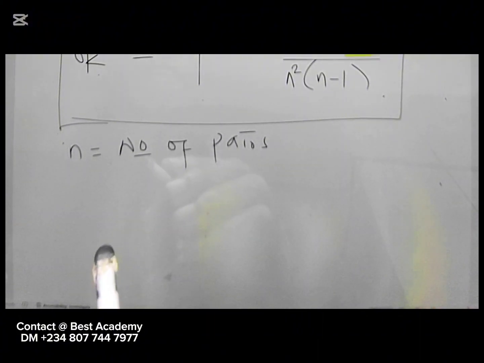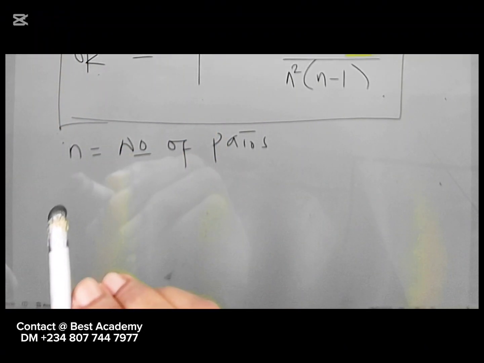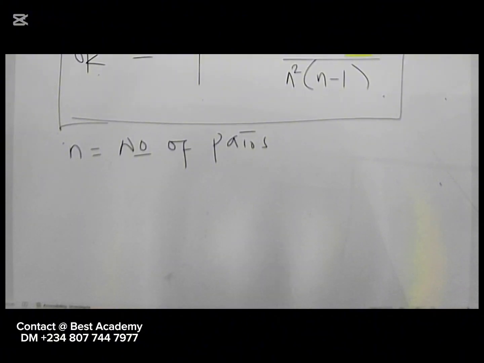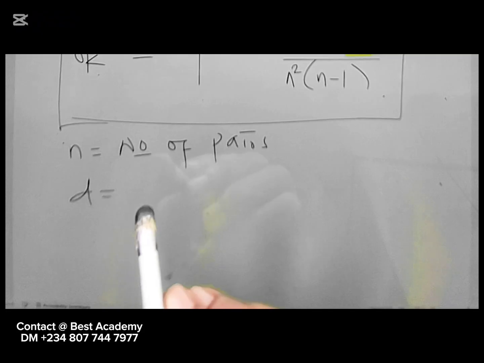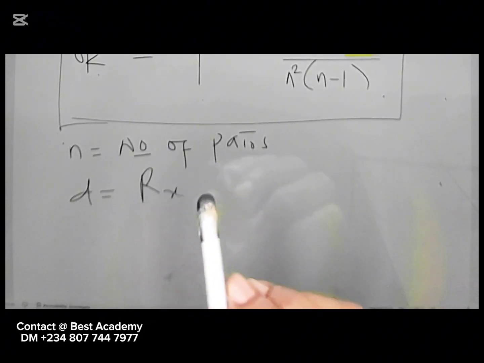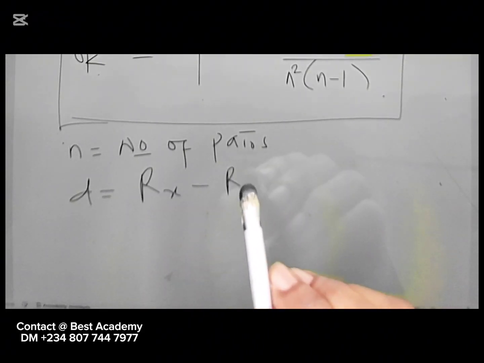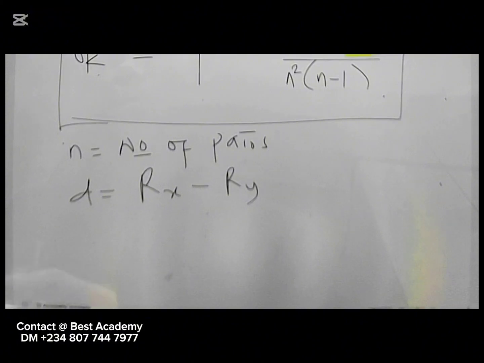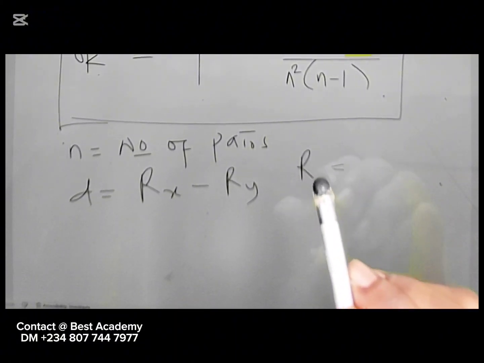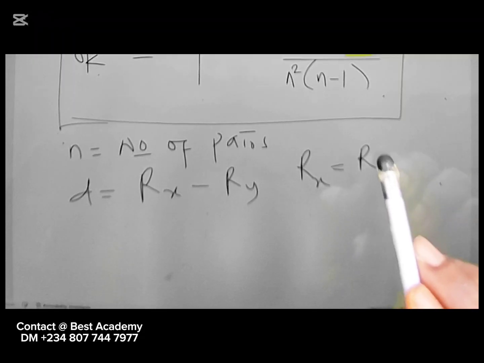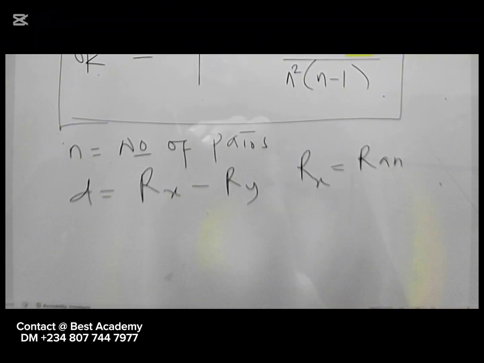So what is our d here? Our d is the difference in the ranking of s and y. That is, d is said to be the difference in the ranking of s minus y. Please take note. We know that R of s is the ranking of s. Ranking of s means giving s a position.